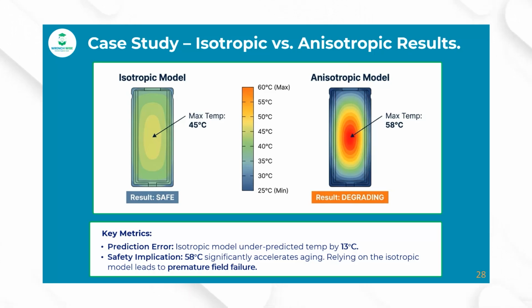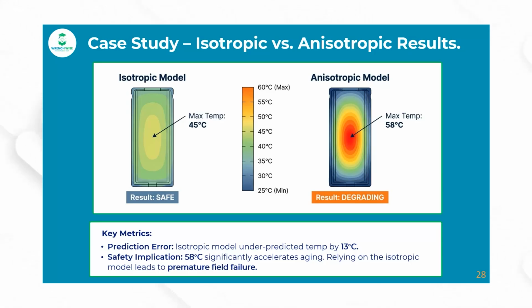Compare the same result to the anisotropic model, our high fidelity model that we developed. This reveals a much higher peak temperature, 58 degrees Celsius. We accounted for the 1000 to 1 disparity ratio and the fact that heat must always cross every single insulating layer to escape into your nearby cooling systems.